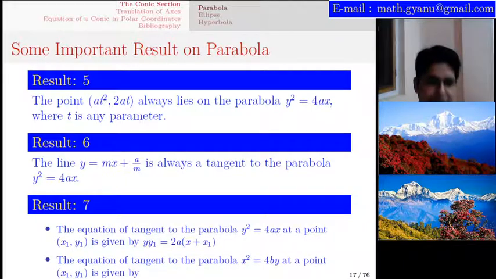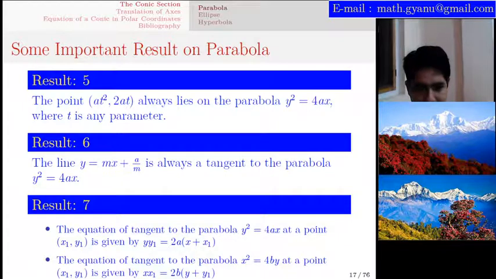Similarly, the equation of the tangent to the parabola x square equal to 4by at a point (x1, y1) is given by x x1 equal to 2b times (y plus y1). I hope you will memorize all these results, then you will be able to solve the problems shown later in this video.